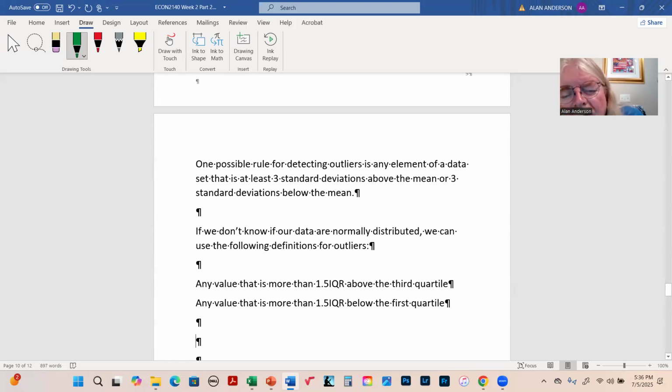So in other words, 1.5 IQRs above the third quartile or 1.5 IQRs below the first would represent outliers in this case. So we could do that here.